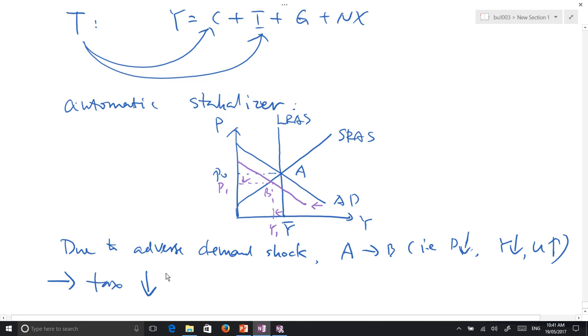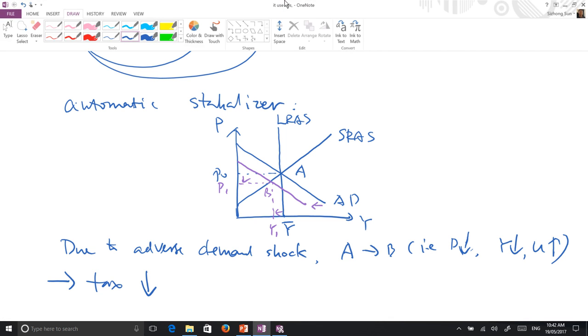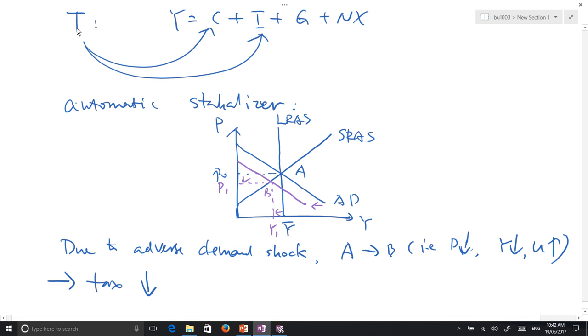So let's shift this aggregate demand curve to the right by a little bit, such that it pushes the economy back a little bit. So the impact of this adverse demand side shock will not be as big as it used to be.